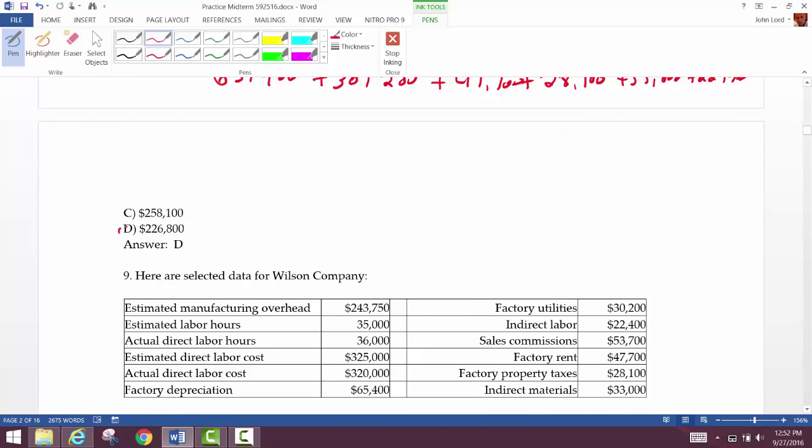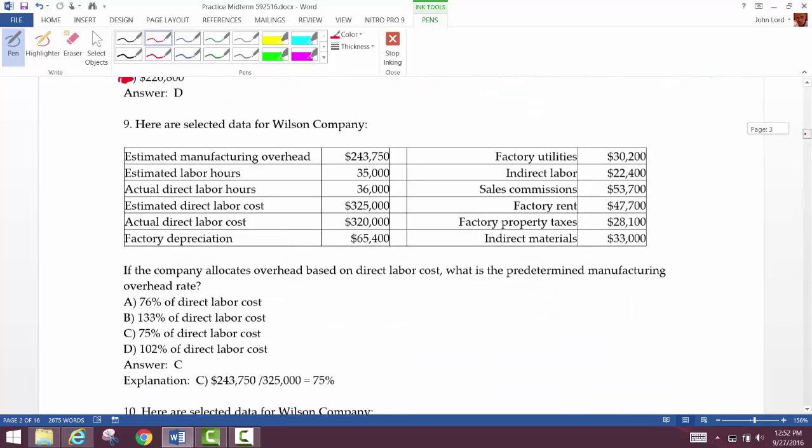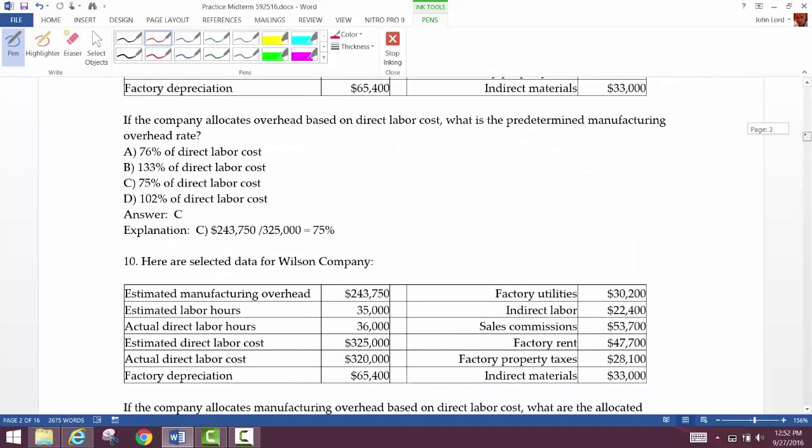And where I was messing up on that other question is that those things totaled 226,000, right? What I was doing wrong up there, I wasn't reading the question carefully. First of all, I got the wrong rate because I put the overhead in the denominator. The overhead goes in the numerator, the driver in the denominator.